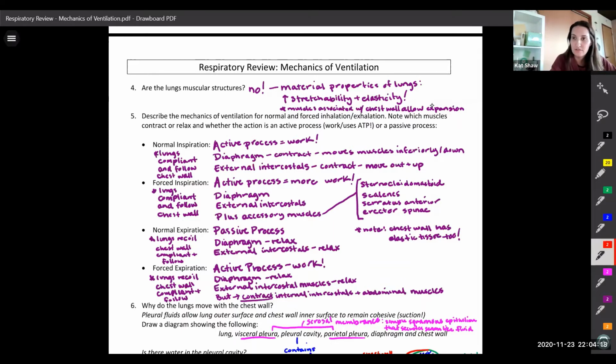Then for normal expiration, this is a passive process where now the diaphragm relaxes, right, and the external intercostals relax. So we have no contraction occurring to allow for air to be expelled from the lungs. So simply allowing for the elastic recoil of the lungs to take over. And what happens is the chest wall has to follow the lungs. Okay?